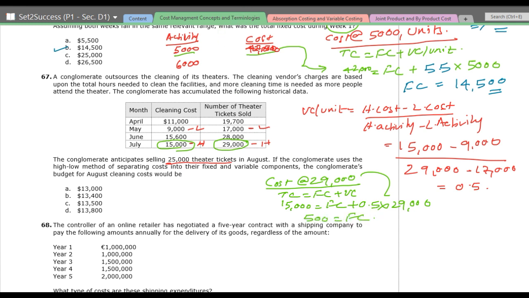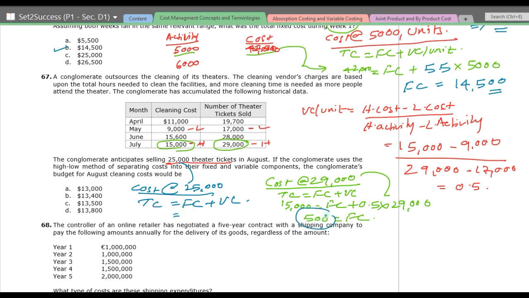So now let us find the cost at 25,000 units, which is the requirement. The total cost is equal to fixed cost plus variable cost. So we need to find total cost at 25,000 units.